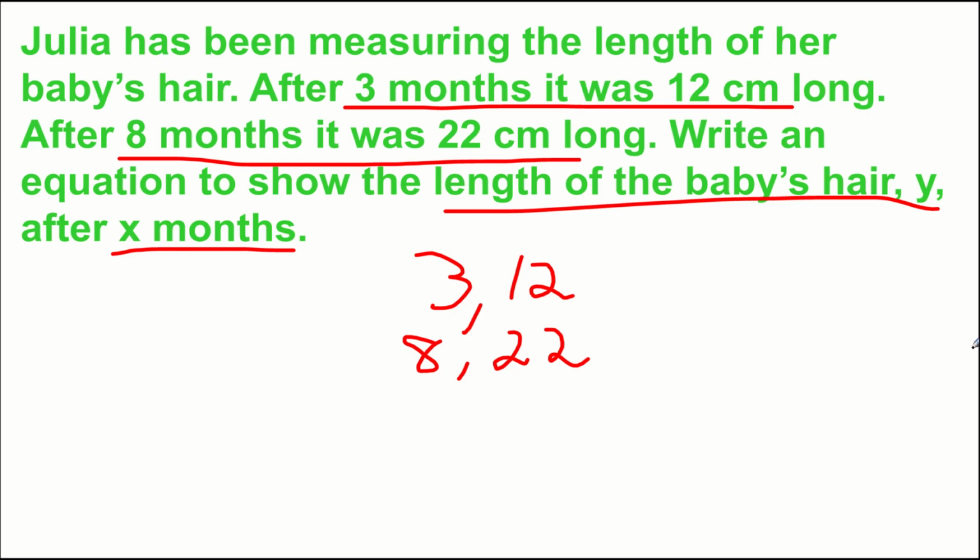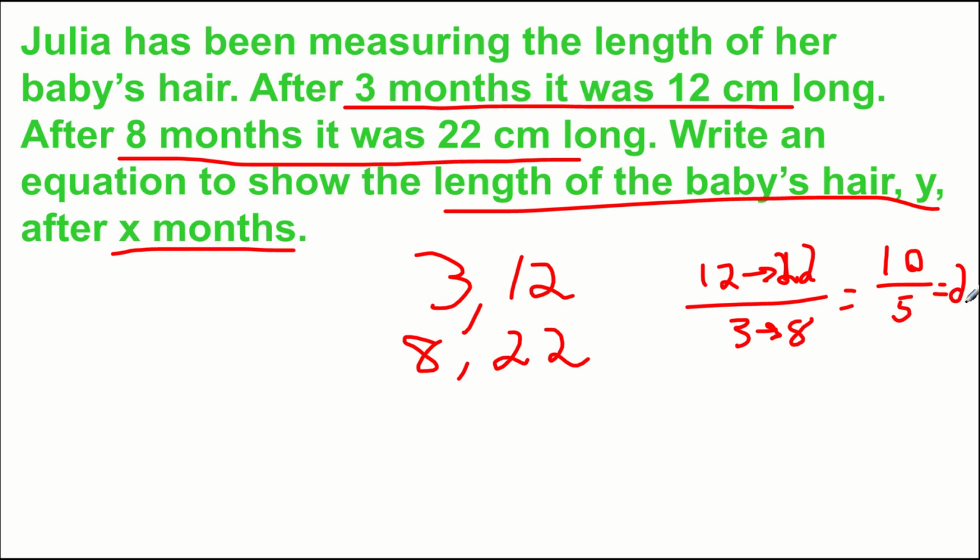All right, then we're finding our slope. Just like we've been doing, change in y over change in x. So our y values are going from 12 to 22. X values are going from 3 to 8. 12 to 22 is 10. 3 to 8 is 5. 10 divided by 5 gives us 2. Okay? So I got the slope.